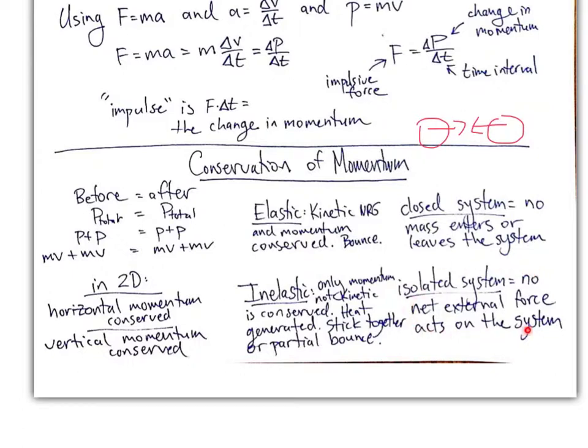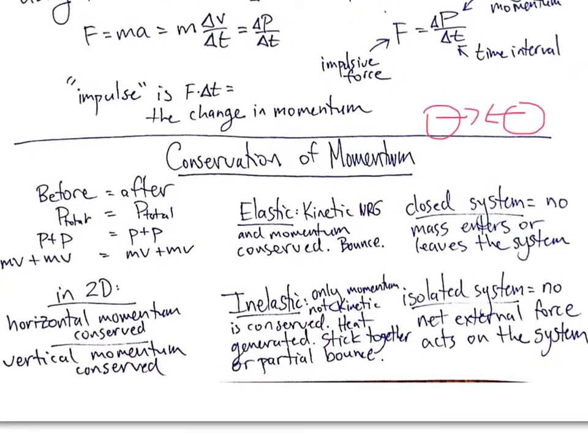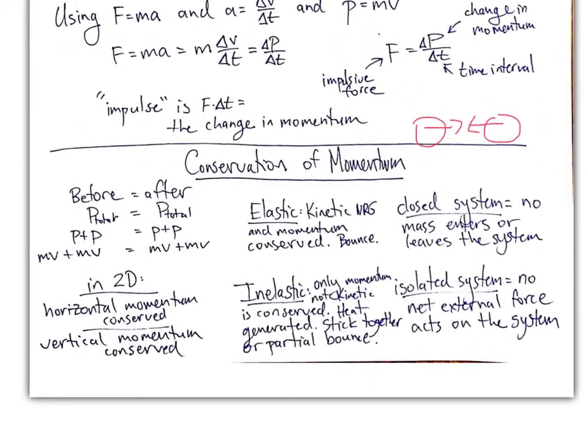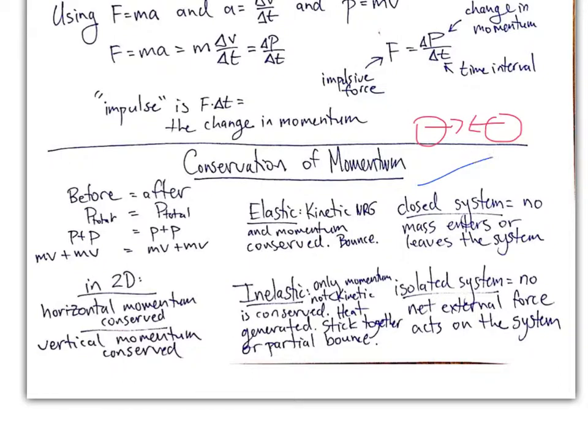An isolated system is a system where there's no net external force acting on the system. So when these two things collide, the forces involved are simply between the objects. If we were to put the pool table at a slant and talk about a collision, all of a sudden there would be some net force acting on the system, and that would be gravity, and we would say that system is no longer isolated.